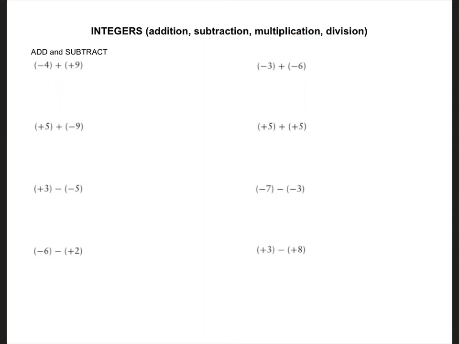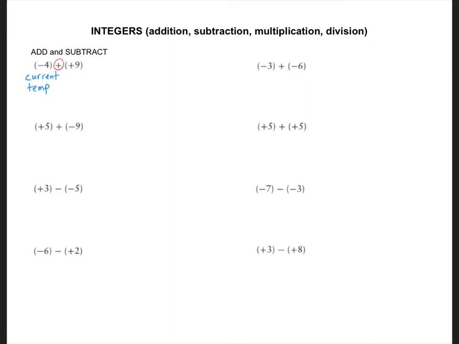Now, what you want to do is consider the first integer, the current temperature, okay? So let's pretend it's -4 degrees out, okay? And then the sign in between, whether it's addition or subtraction, is what Mother Nature is doing with it, okay?